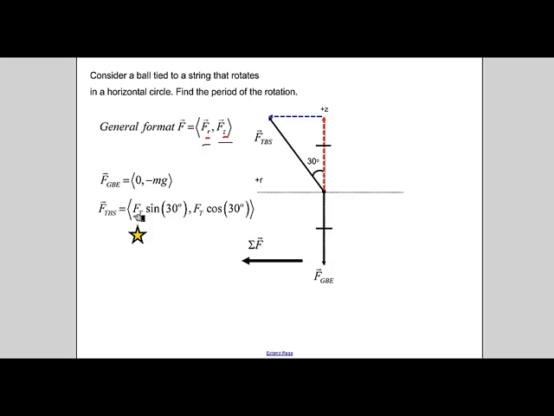And I think the tricky thing is resisting the temptation to put this as a negative, because you say, ooh, this component, it points to the left. But you have to remember it's pointing in the positive r direction. So this is a positive r component. Otherwise, it's pretty straightforward. You just have to resist that temptation and note that you're using a different coordinate system.